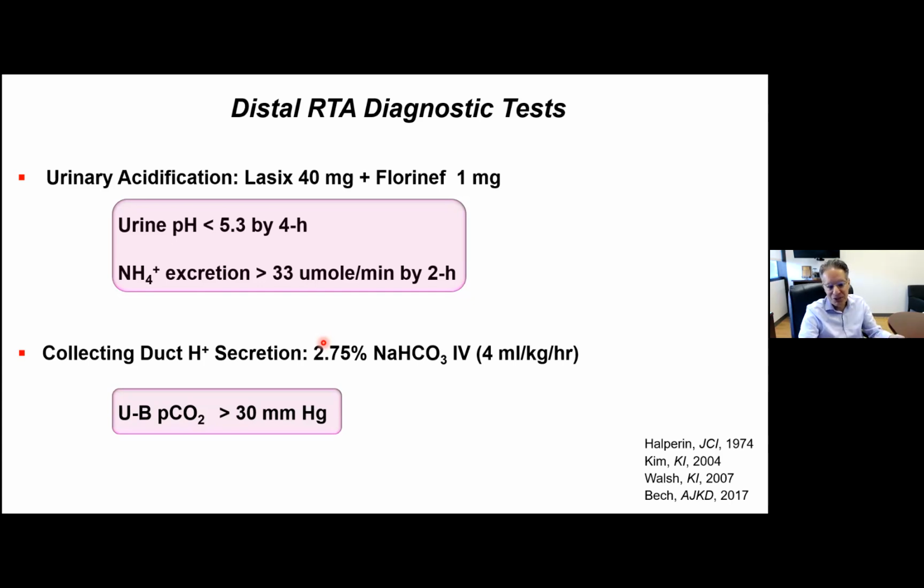Now, obviously, this is a bit harder to do and is rarely done in the hospital because you have to give the bicarbonate, you have to get the urine bicarbonate high enough, you have to send the urine for gases, and the clinical lab doesn't know what you're talking about. You have to collect the urine pretty quickly and not let it sit so that the carbon dioxide doesn't leave. So it's technically more of a hassle. So this is by far the easiest test to do to see whether someone can acidify their urine normally.